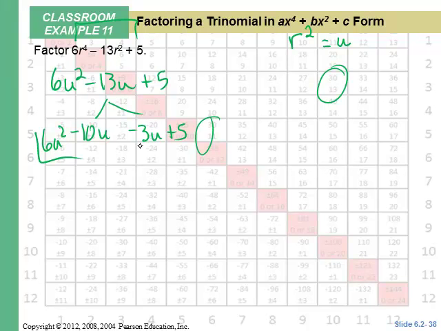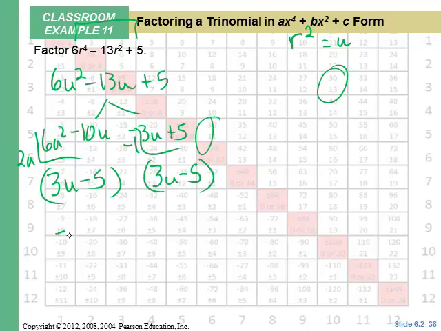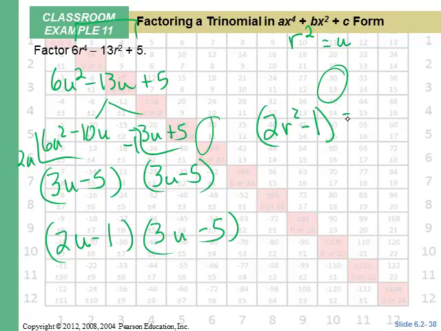So we can factor a 2u out of the first one, so we're left with 3u minus 5, minus 1 times 3u minus 5. So our factored form is 2u minus 1 times 3u minus 5. But u is r squared, so it's 2r squared minus 1, 3r squared minus 5.